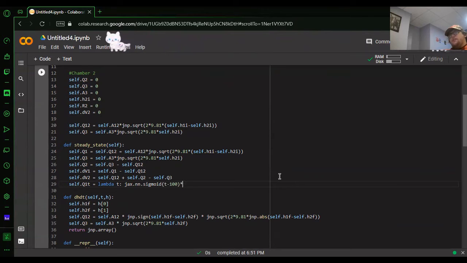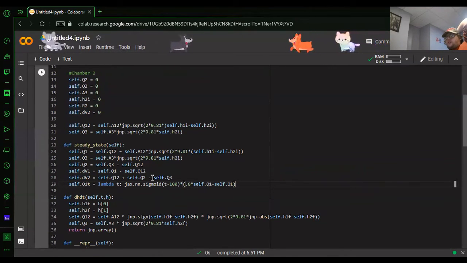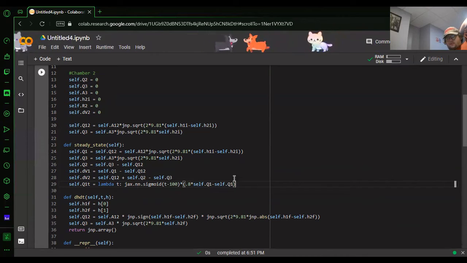But first, we are going to have our 0.8 times self.q1 minus self.q1. So what's happening here is our sigmoid is basically shifted 100 units to the right.